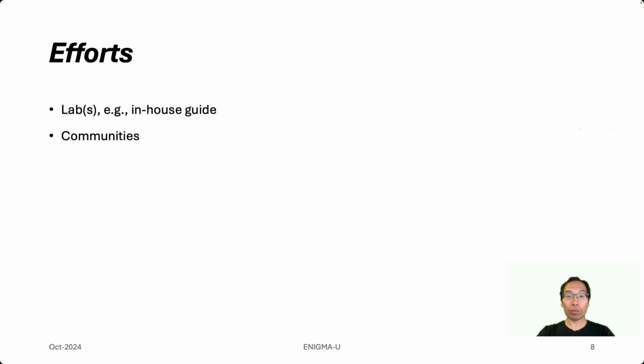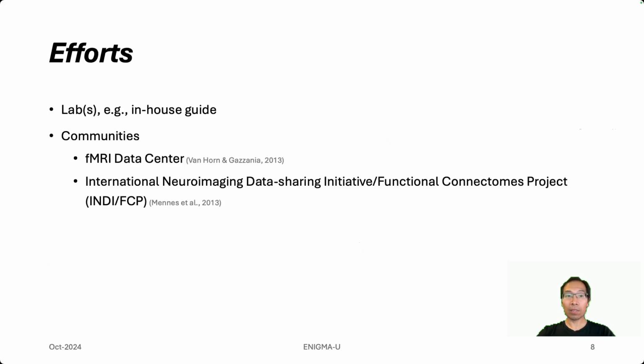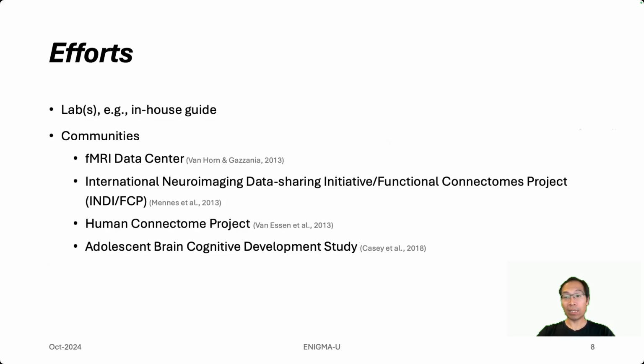Pioneer researchers took actions when they launched their famous projects, such as the fMRI Data Center, the International Neuroimaging Data-Sharing Initiative, the Functional Connectome Project, the Human Connectome Project, and most recently, to my knowledge, the largest neuroimaging dataset in the US, ABCD, the Adolescent Brain Cognitive Development Study.